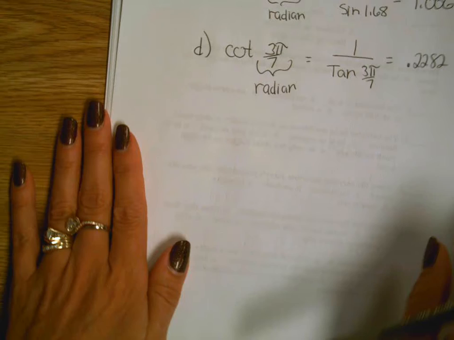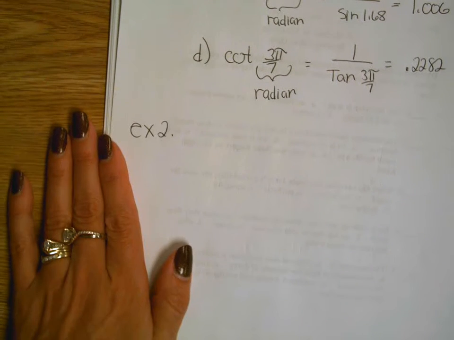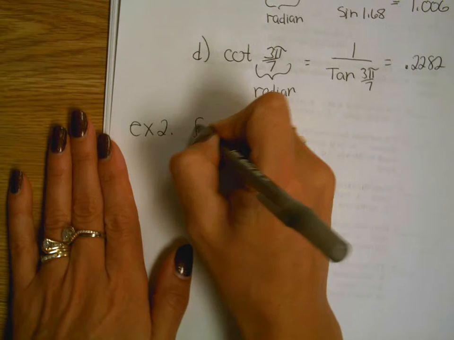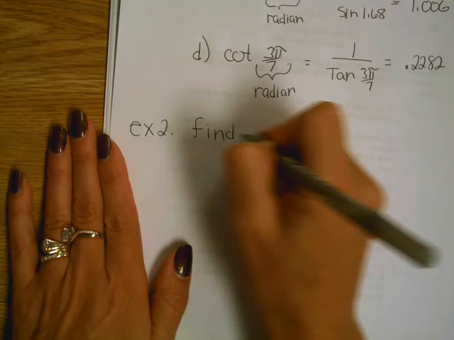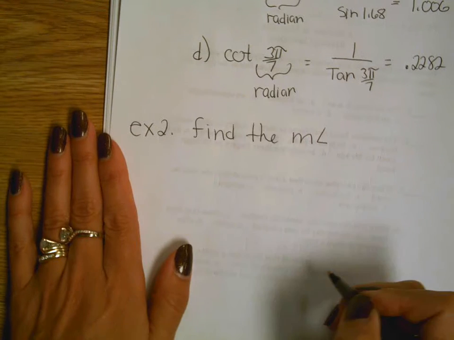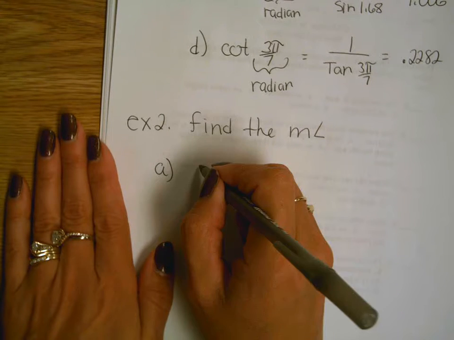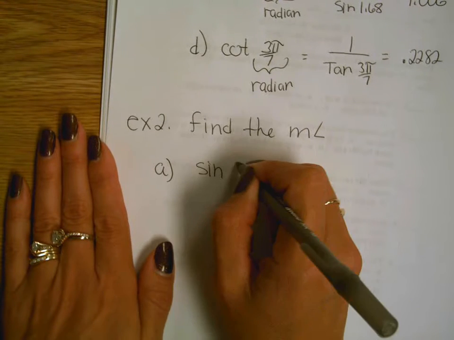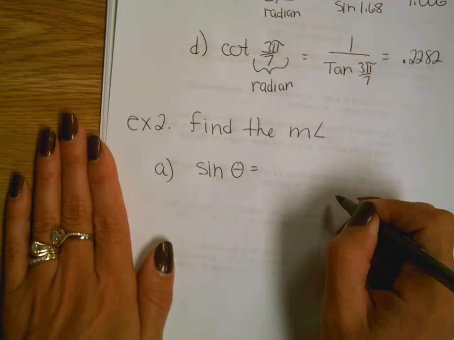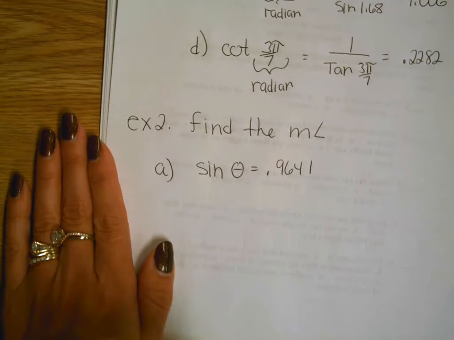Okay, number 2. So you just found ratios. What about finding angle measures if you know ratios? The sine of some angle has a ratio of 0.9641.